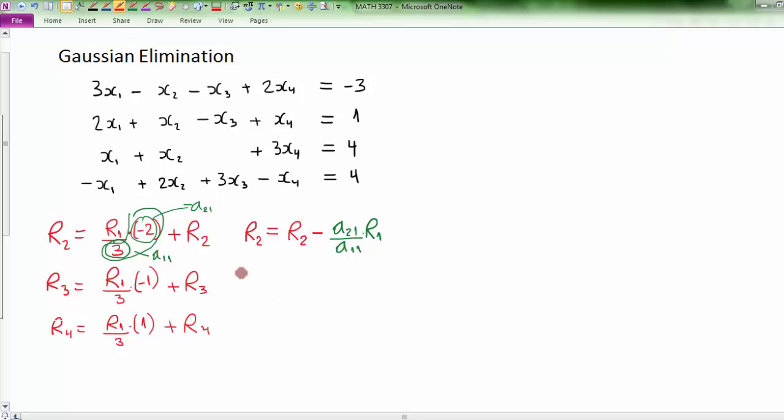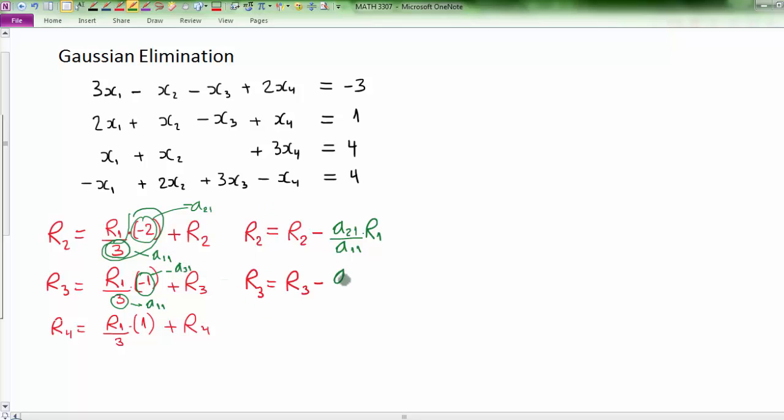And the same way here, row 3 will be row 3 minus, and then again here is coefficient or entry A11, and this number here is the opposite of entry A31.